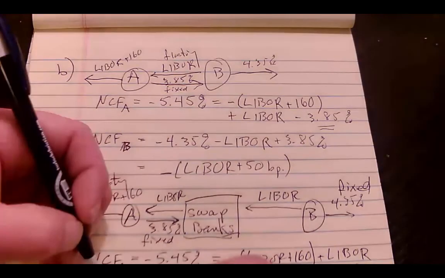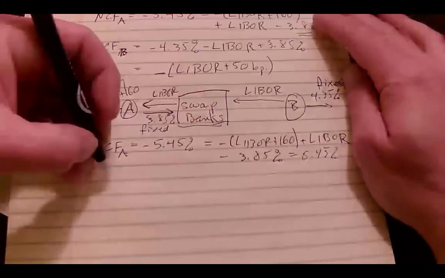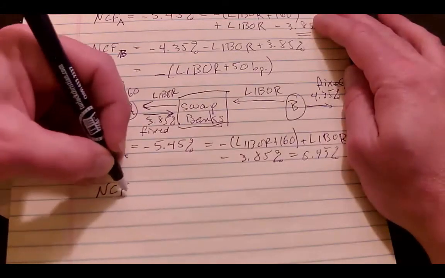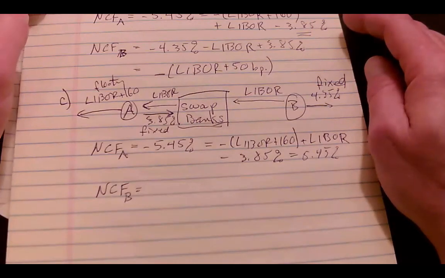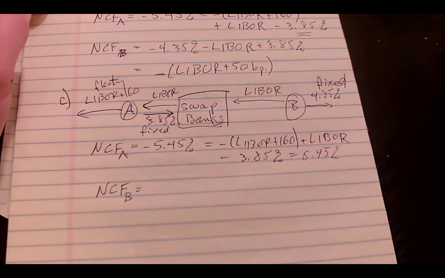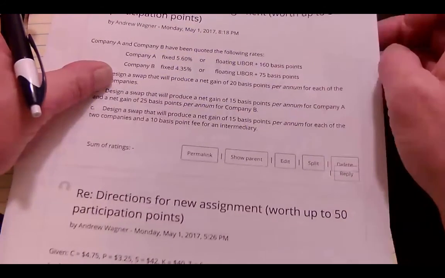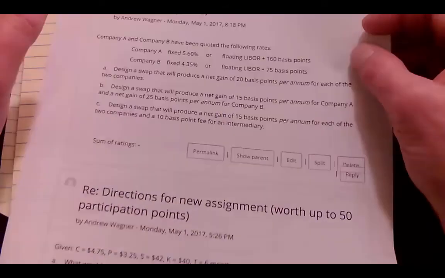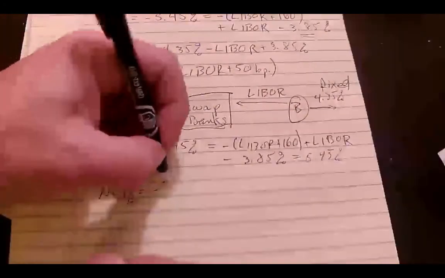Now, company B is also supposed to get a 15 basis point gain from this, so net cash flow for B had better equal 15 basis points lower than they would have been paying otherwise. If they had issued floating rate debt on their own, they would have paid LIBOR plus 75. Minus 15 gives us LIBOR plus 60.